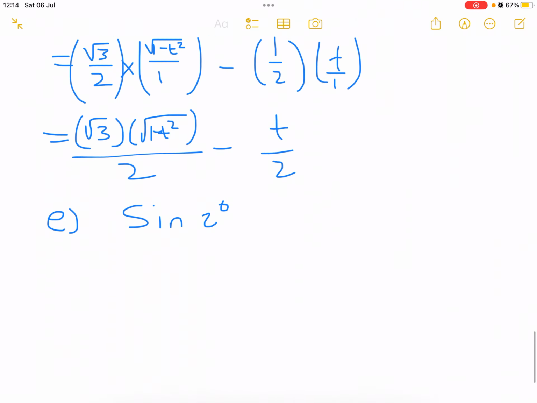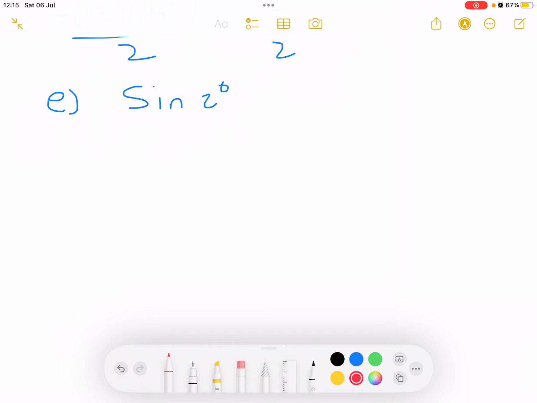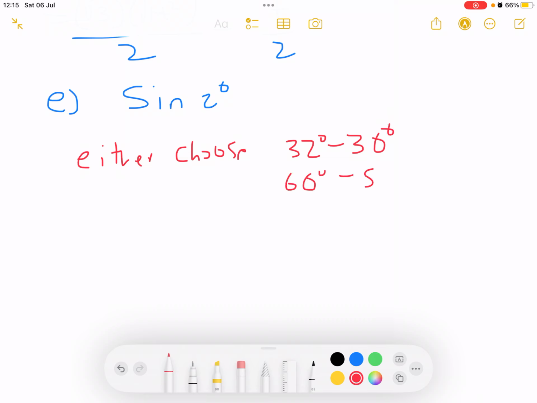So you can choose either one. So either choose 32 minus 30 or 60 degrees minus 58 degrees.